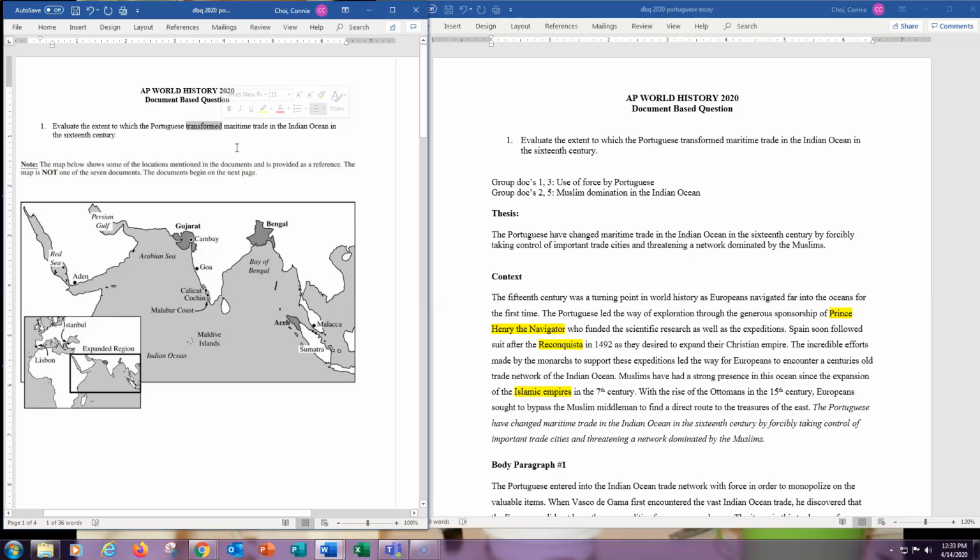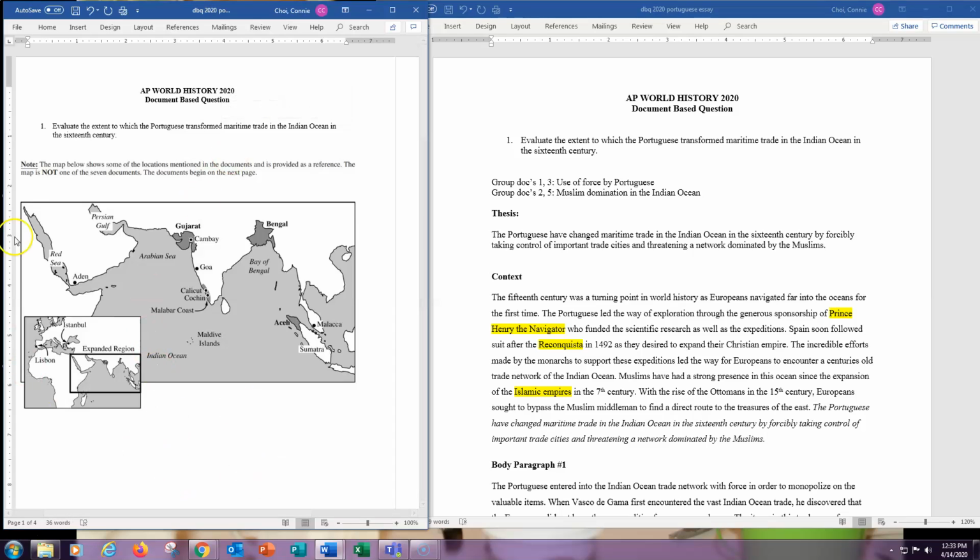How did the presence of the Portuguese change the maritime trade that had existed in the Indian Ocean for centuries? We're talking about the 16th century here. They've given us a time frame, and that is literally just the 1500s. But we know that the Portuguese are going to make their way in the late 1400s and then make their presence known in the 1500s.